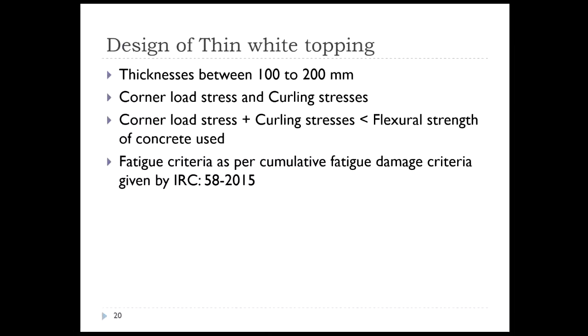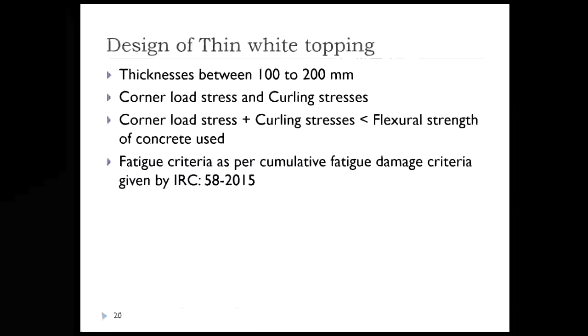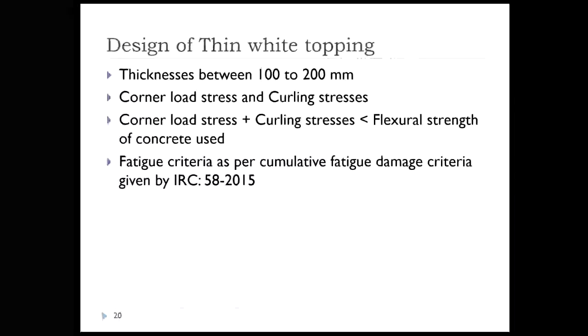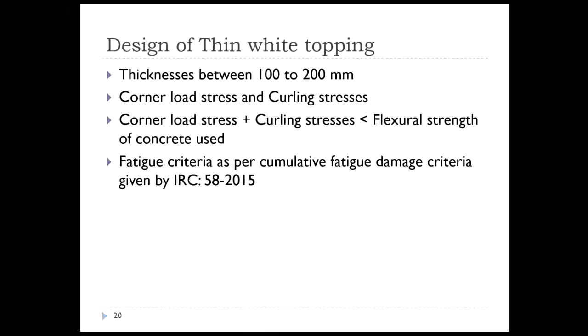Similar to our conventional flexible pavement design guideline, basically we are concerned about wheel load stresses and our temperature stresses. Since it is a panel concrete pavement, the most critical wheel load stress would be the scenario when the load is at the corner. So corner load stresses plus curling stresses shall be less than the flexural strength of the concrete used. So this is the design philosophy.